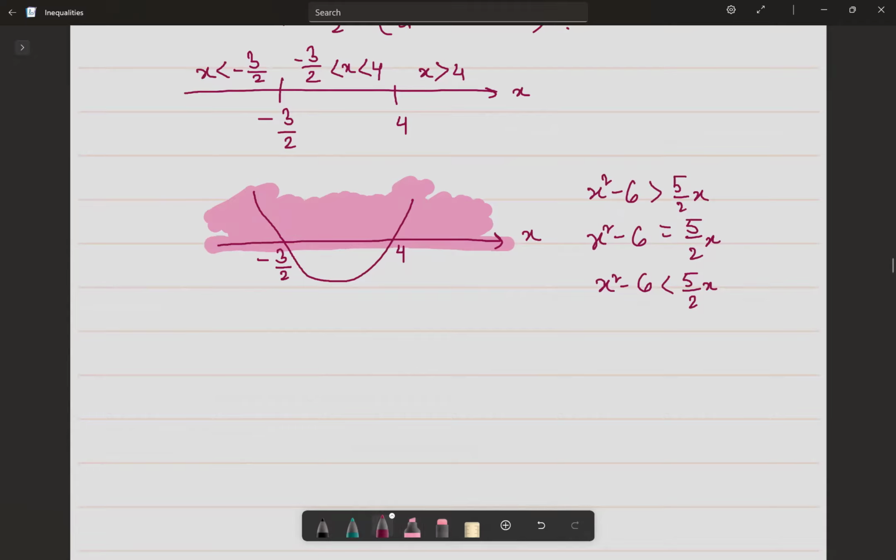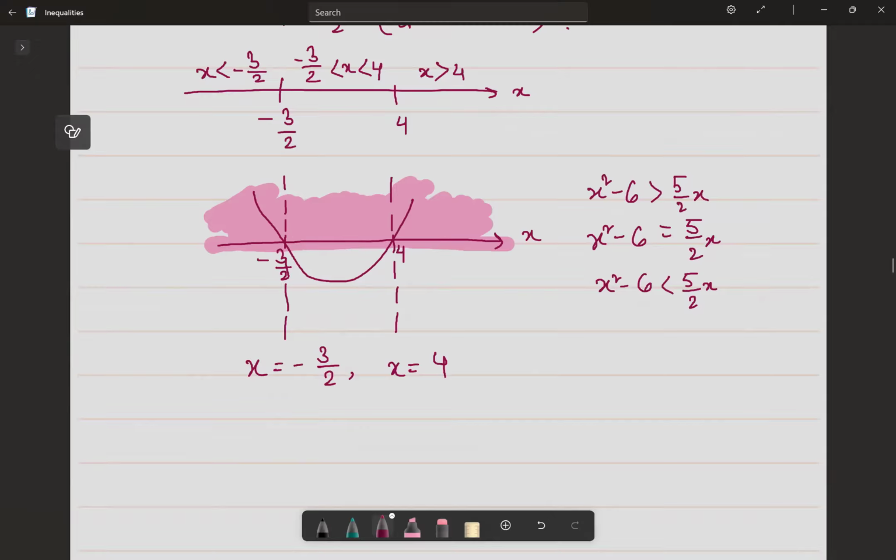So I know that my number line has been divided into 3 parts, with these 2 points also into consideration now, because I have to consider the equal to sign. So for the equals to sign, I have these points x is equals to minus 3 by 2 and x is equals to 4 into consideration.